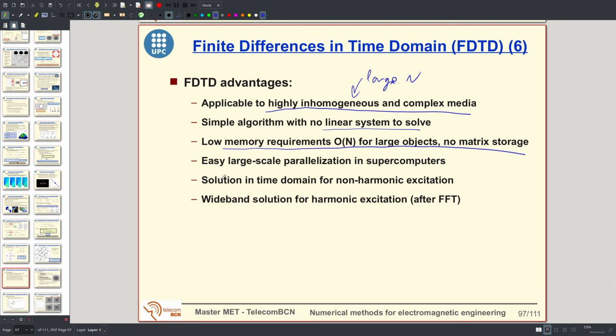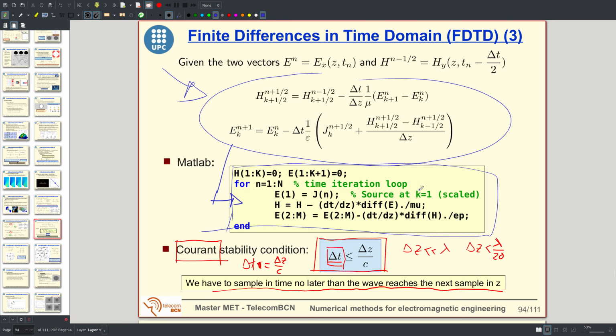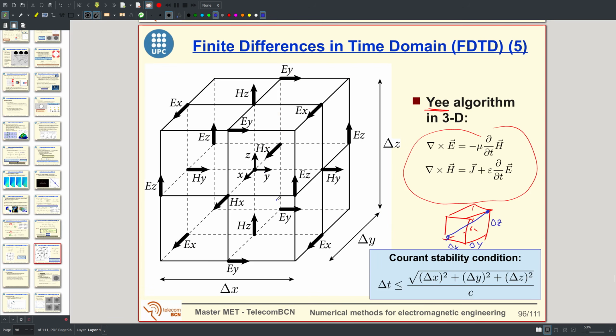And also, very importantly, it is very easy to implement at large scale with parallelization in supercomputers. The equation has no convolution, so the samples are related only to the neighbors, and it is very easy to distribute the task of this loop. In three dimensions it is much more complicated because you have to use this discretization scheme.